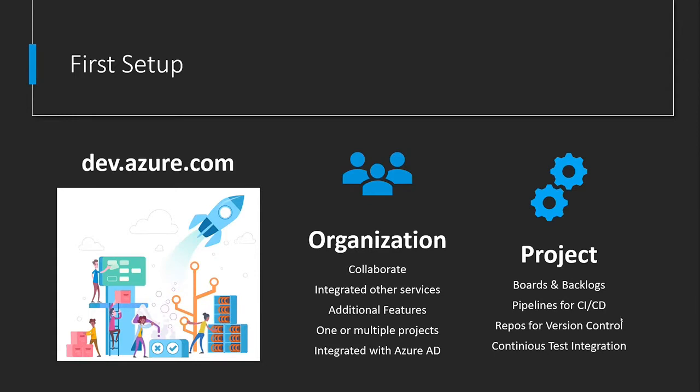It contains repositories for version control and management of source code and artifacts. And it also has features for continuous test integration throughout the project lifecycle. Each organization contains one or more projects. So this means that a project uses all of the Azure DevOps services.